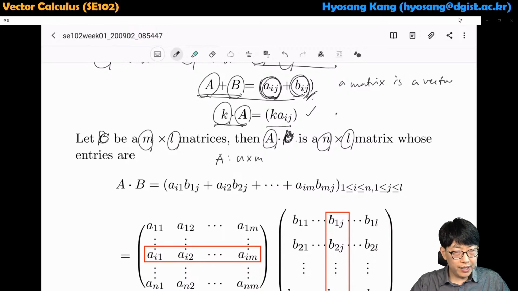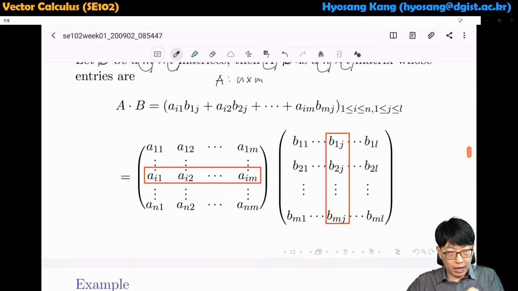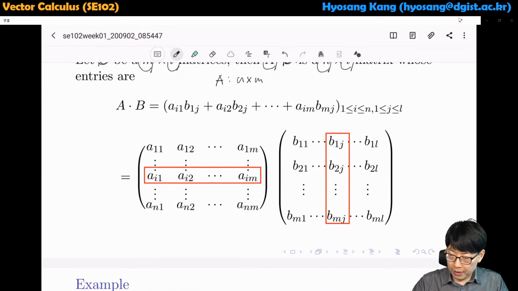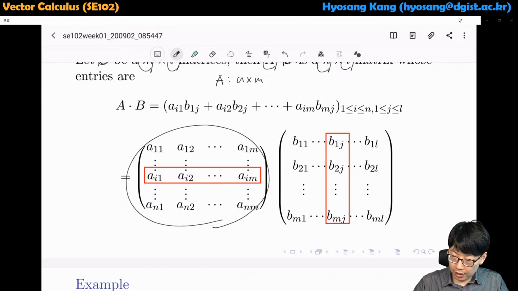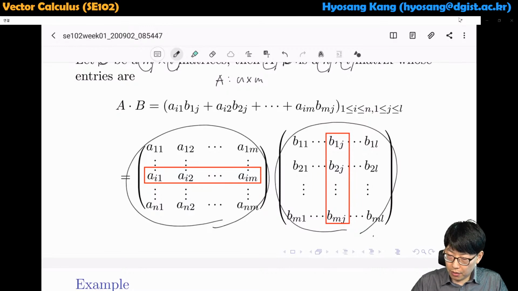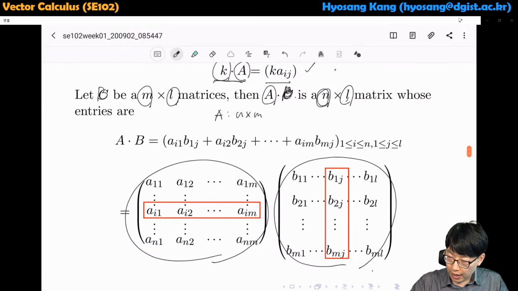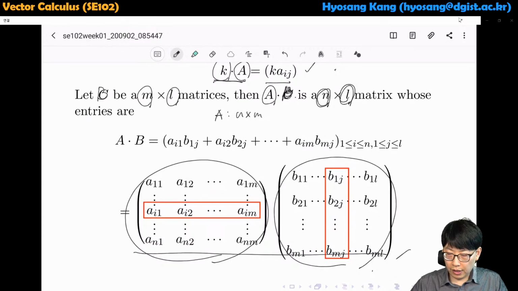So how do we define this matrix multiplication? Let's write out this rectangular form of matrices. So this is our A and this is our B. This results in an n by L matrix, so this resulting matrix has n rows and L columns.